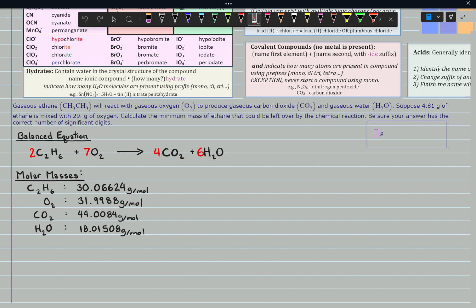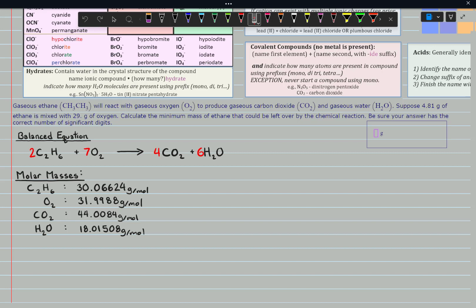So we want to know that if we have 4.81 grams of ethane and 29 grams of oxygen, what's the minimum amount of ethane that could be left over by the end of the reaction?